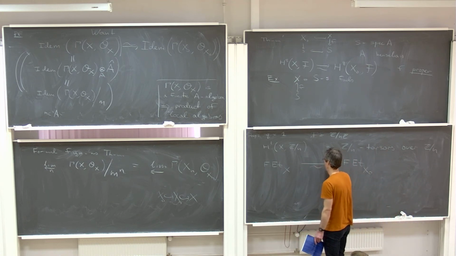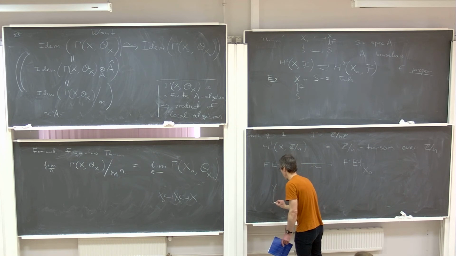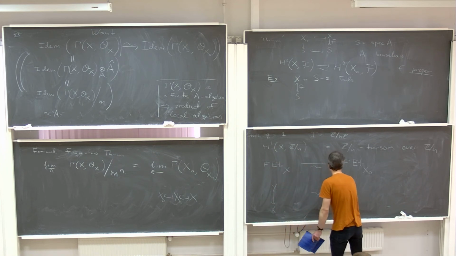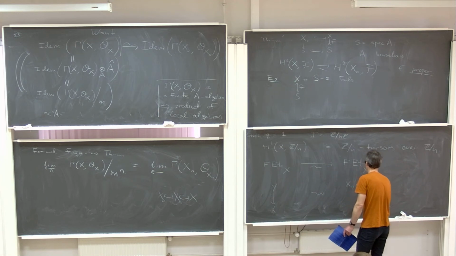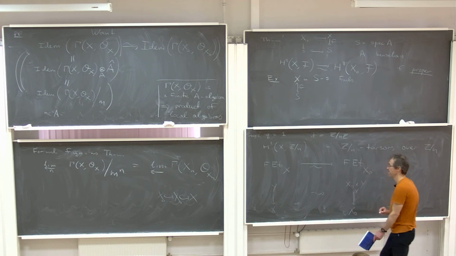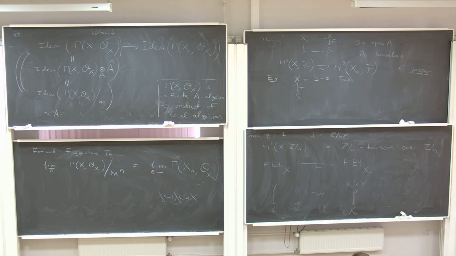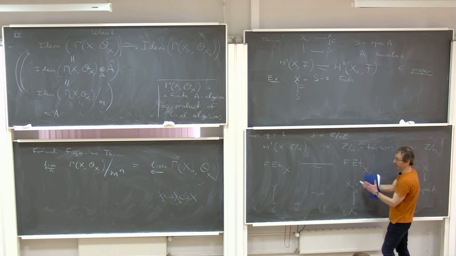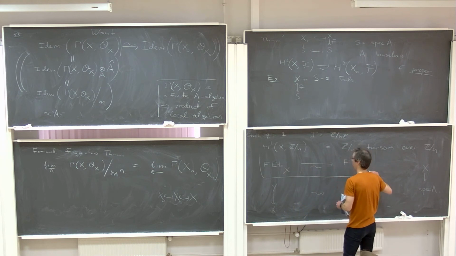So if you have Y over X, you can assign to it its restriction to X0. So remember that X is over a Henselian ring, and X0 is a special fiber. So once we know this key statement, we know the theorem for H1.